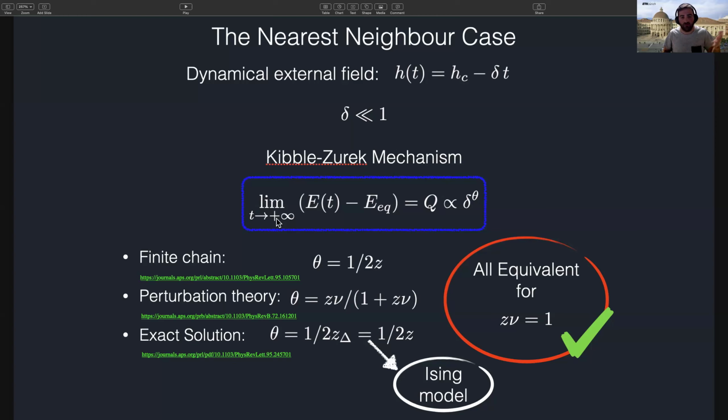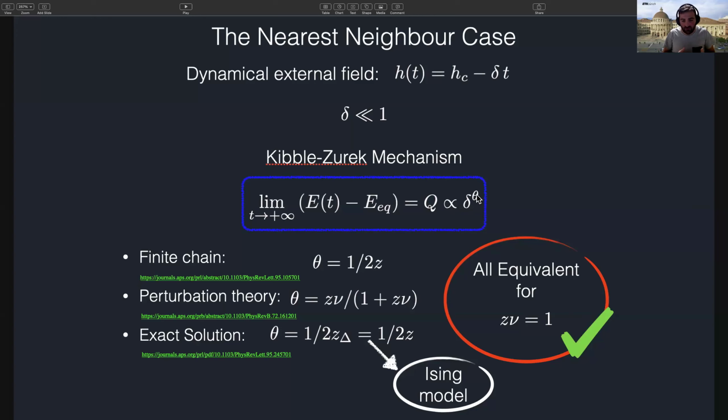So for any ramp that goes across the critical point and goes far from it, so starts far from it and ends far from it, you can define an excess energy, which is basically the energy of the defects, so the displacement from the exact ground state, which is caused by the presence of defects in the state. And this excess energy receives its most important contribution from the scaling close to the critical point, and so it has a critical scaling that's described by delta to some exponent theta.